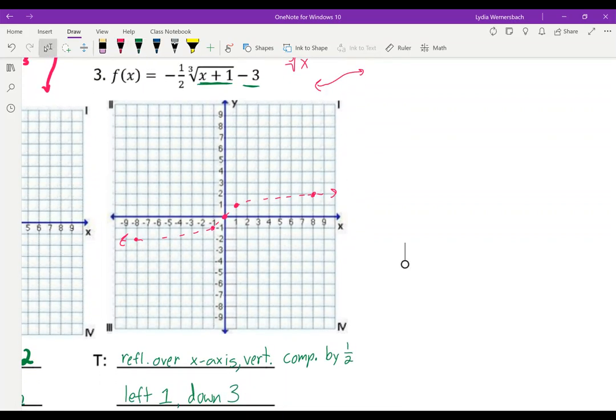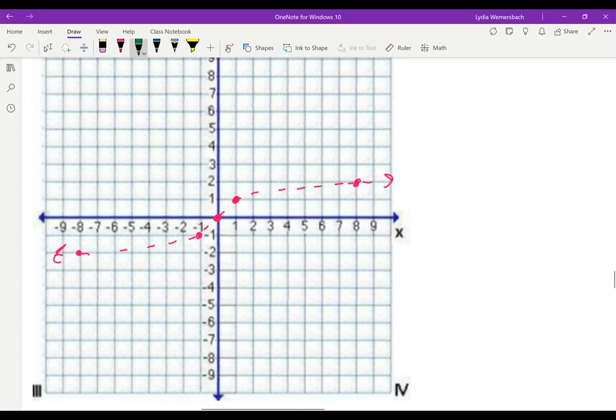Alrighty, so let's do some transformations. So we'll start with a reflection over the x-axis. So again, (0, 0) reflected over the x-axis is not really going to go anywhere. And then a vertical compression by 1/2 isn't really going to move it either. But we can move this point left 1 and down 3. Okay. So (1, 1) reflected over the x-axis would take us to (1, -1).